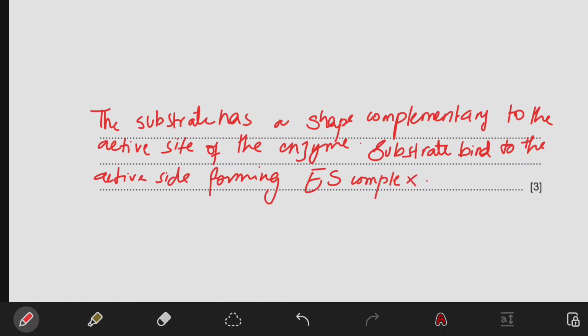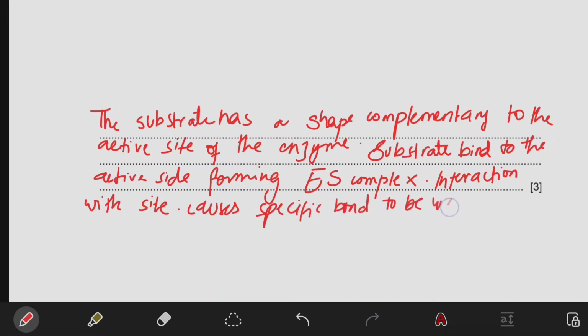And then you can say that interaction with the site causes a specific bond to be weakened, which breaks. Then the products are released from the active site.